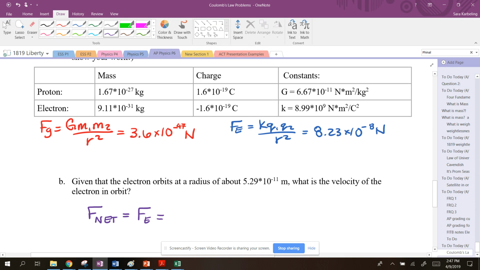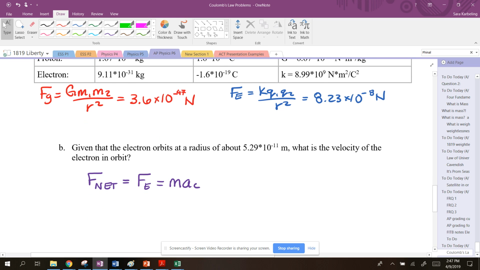What kind of acceleration is it experiencing? Centripetal. Okay, so let's do it. We know the electrostatic force. You found it earlier. You know the mass. What mass is this? The mass of the electron, because the electron is the thing that is accelerating.